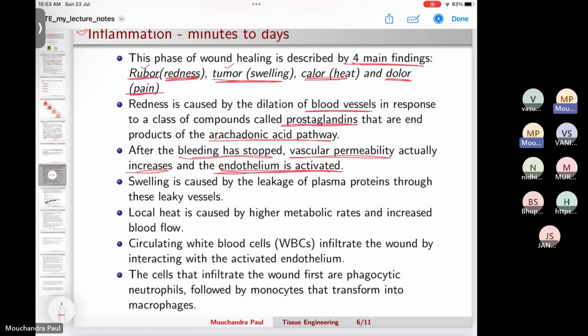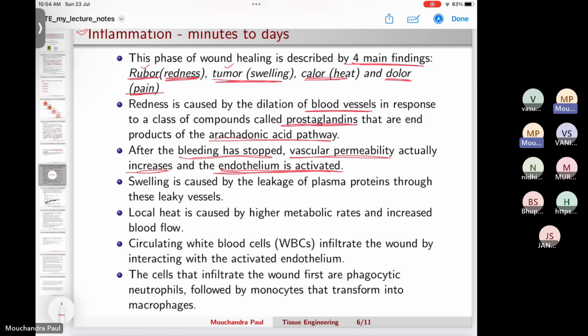So for that, the cells secrete different kinds of cell adhesion proteins, and also secrete cytokines, or growth factors, to recruit more inflammatory cells. When it starts showing these kinds of activity, we say that the endothelial cells are activated.